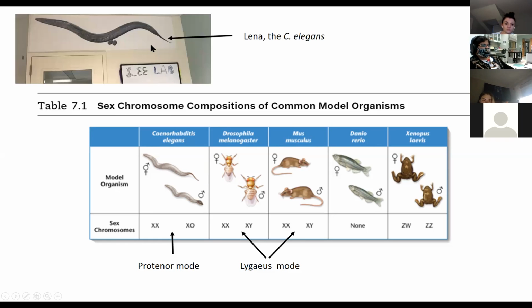This is actually the lab I work in. We are the only C. elegans lab, and this here, we're going to call her Lena. Lena the C. elegans likes it when people get this question right.